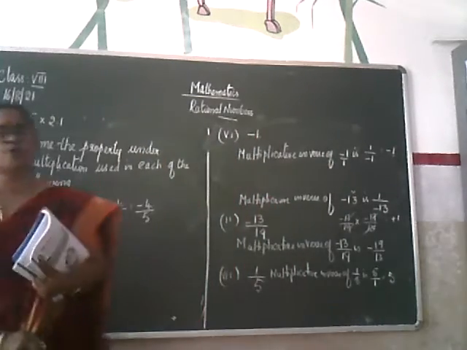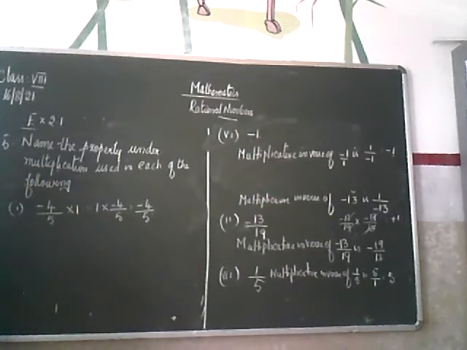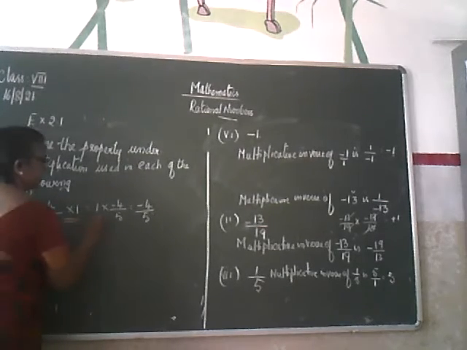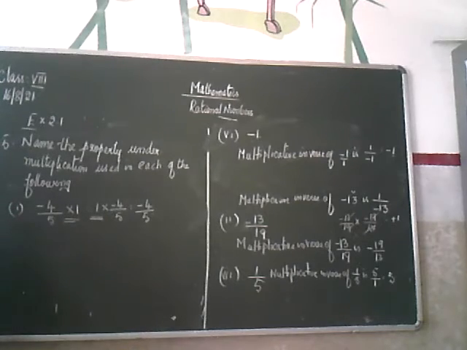So minus 4 by 5 into 1 is equal to 1 into minus 4 by 5, which is equal to minus 4 by 5. So the rational number is multiplied with 1. What is 1? 1 is the multiplicative identity.